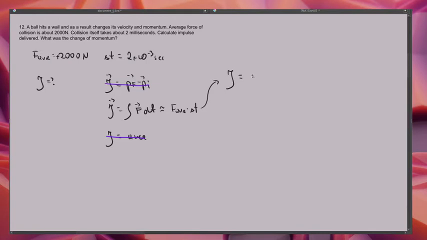What we have here is the average force times the time. In that case, this becomes almost trivial because we have 1,000 times 2 times 10 to the minus third, and that gives you 4 newton seconds. Force positive, so positive 4 newton seconds, and I could keep the vector note, assuming this is actually a one-dimensional problem, and the plus indicates that the force points to the right.